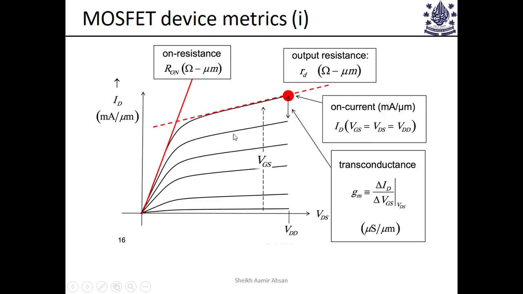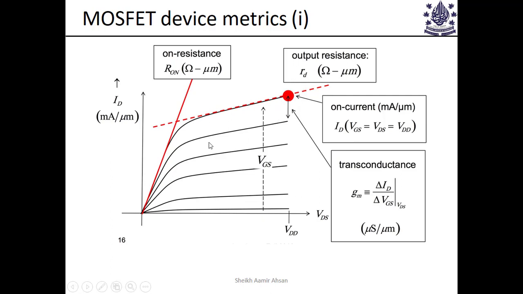Okay, and then you have the saturation region. This is the saturation region. Ideally this should have been flat, right? But in reality it's not flat due to something known as channel length modulation. We'll talk about that. Therefore this behaves like a real current source, as we mentioned in some slides earlier, that this is not an ideal current source because it has a finite slope, and the slope corresponding to this one should give us what is known as the output resistance.